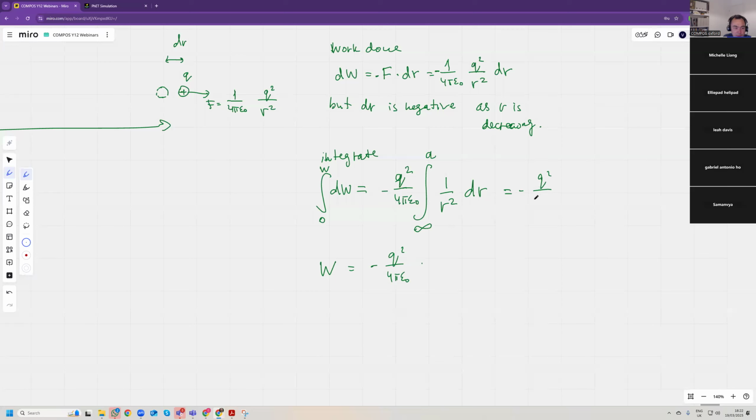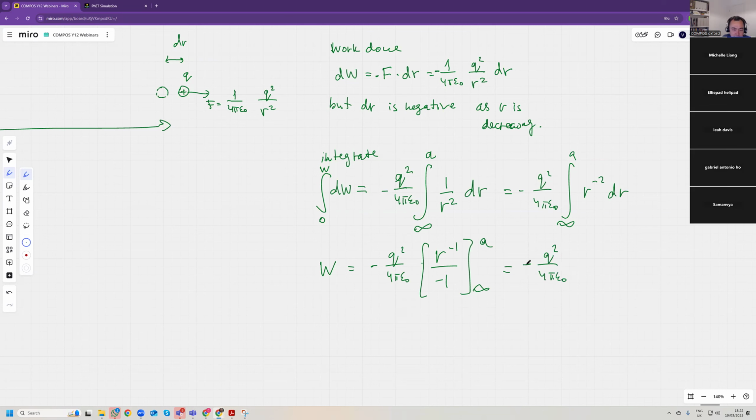So minus q squared over 4 pi epsilon naught, integral from infinity to a of r to the power minus 2 dr. And the integral of r to the power minus 2 is r to the power minus 1 divided by minus 1, between limits infinity and a, and that makes it minus and minus cancel, and we get q squared over 4 pi epsilon naught.